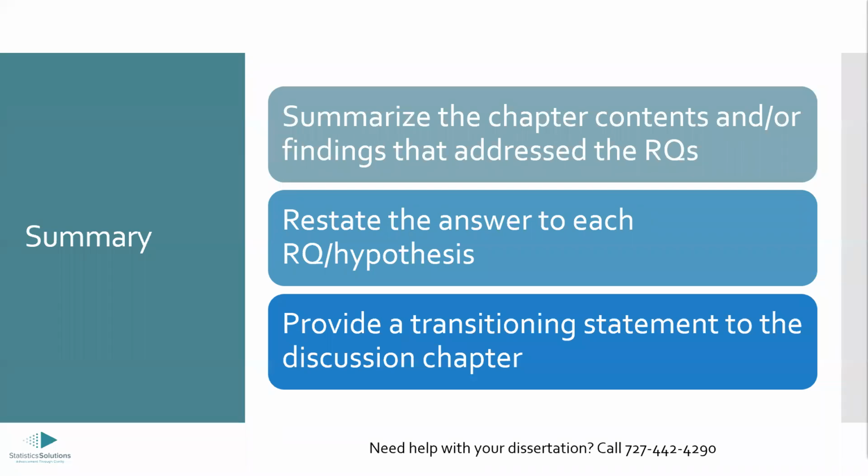So reiterate whether each null hypothesis was rejected or not rejected. And then just provide a transitioning statement to your next chapter to say that you'll be discussing the meaning and implications of these findings.